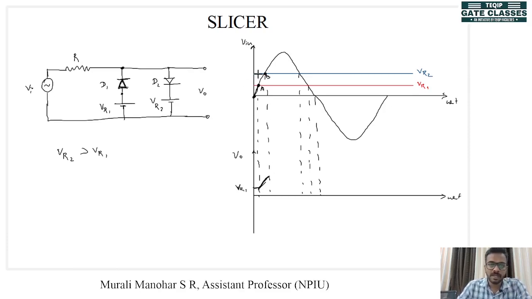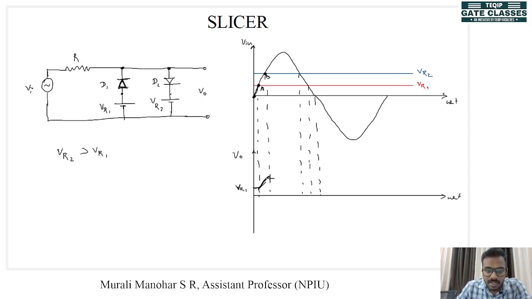And when the input voltage Vi reaches VR2, the anode voltage of diode D2 will be equal to VR2, that is the cathode voltage, and diode D2 will be forward biased. When diode D2 is forward biased, it is short circuit and output is connected to VR2.